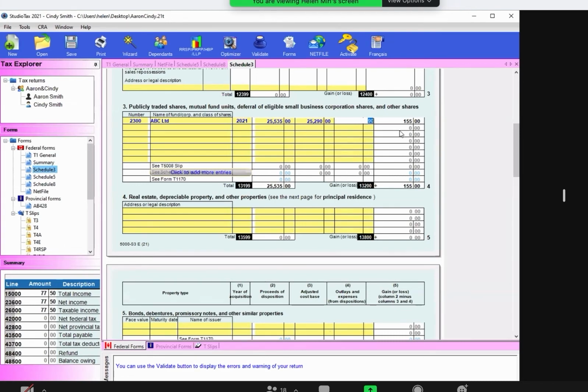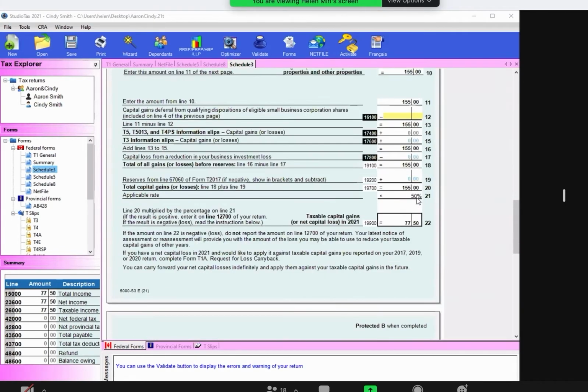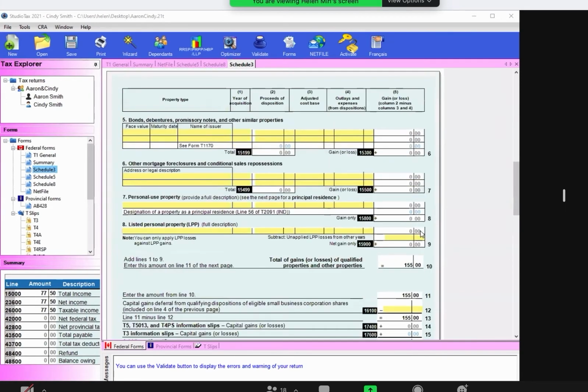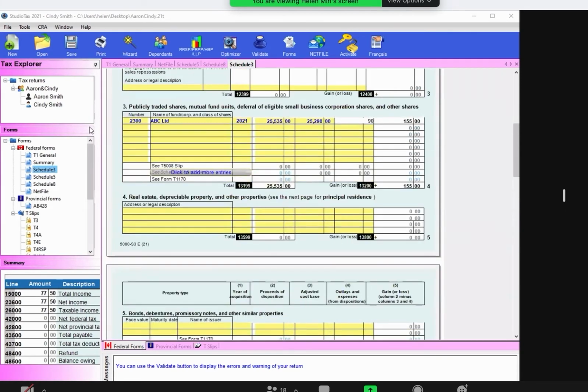Okay, in 2021. Then you got that's the total capital gain. So the taxable capital gain is $77.50. Okay, so this is how you do it on the state tax.